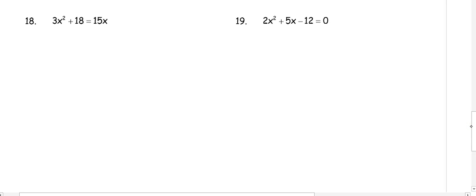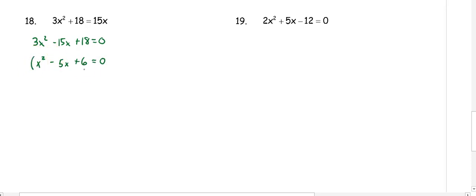Number 18. When we get everything to the x squared side, we have 3x squared minus 15x plus 18 equals 0. Now, first we want to see if we can take out a GCF. So in this case, we can divide everything by 3, which leaves us with x squared minus 5x plus 6 equals 0.